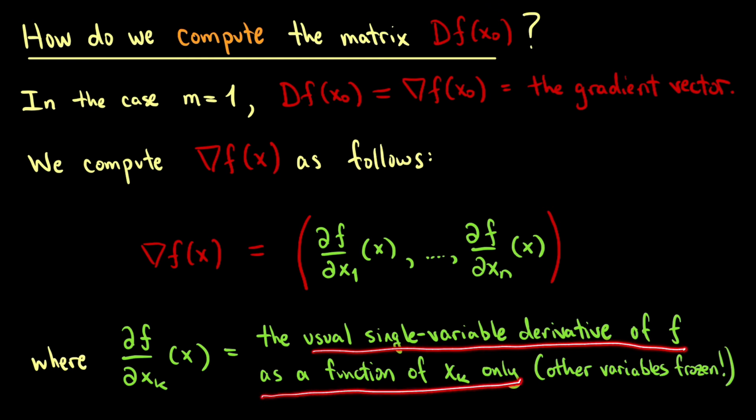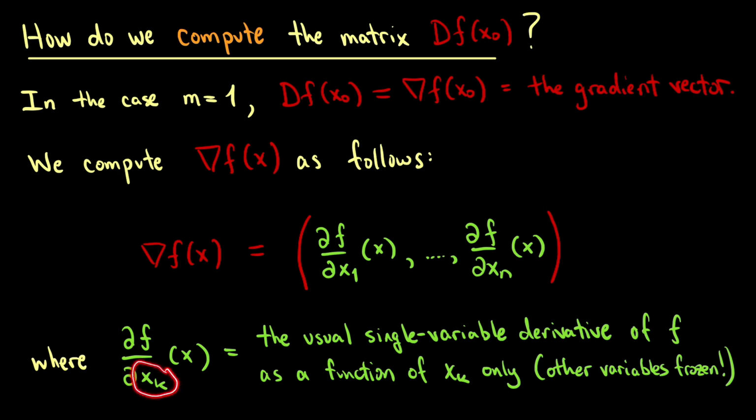Okay, so what you do is you imagine that all the variables except for xk are frozen at the coordinates of this point x. And you vary just the xk coordinate. Now you have a function of only one variable, just xk. So you can take its derivative like you already know how to do in the single variable case.